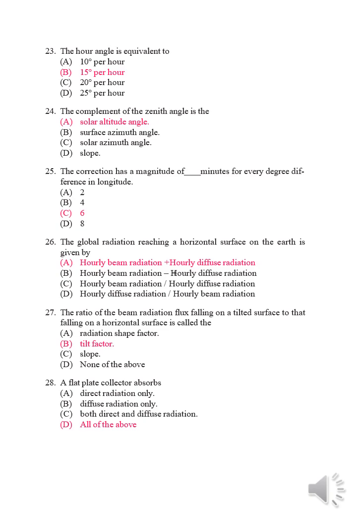The flat plate collector absorbs all types of radiations, whether direct or diffuse. So the correct answer will be all of the above. Pyranometer is used for the measurement of direct as well as diffuse radiation.